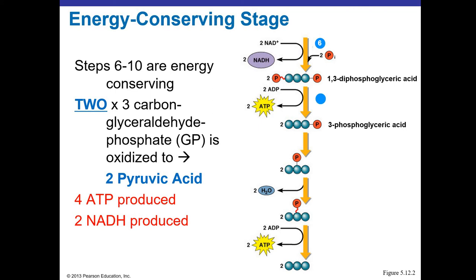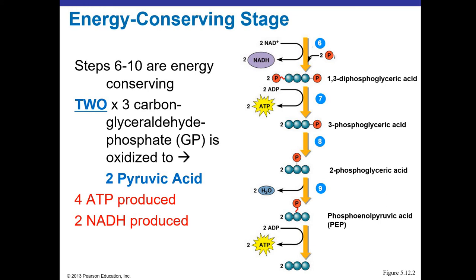This leaves us then with the 3-phosphoglyceric acid, a little bit of rearrangement, and we end up with that phosphate on the 2 position, kick out some water, and that makes a very unstable bond, and the phosphate is easily removed from what is referred to as phosphoenolpyruvic acid.